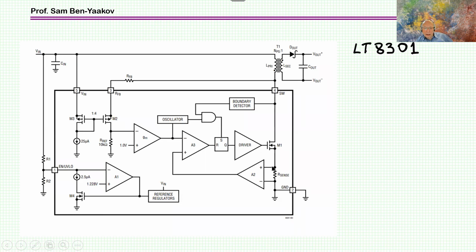And you see that the current is measured here, so that when the transistor is on, the voltage is imposed on the primary, the current starts to build up, and then this is the comparator, this is the flip-flop, and once it hits the value of the reference that's coming from this side, this is measuring actually the voltage, then it'll reset, and this will be the end of the switch.